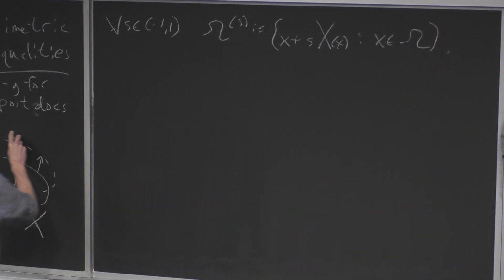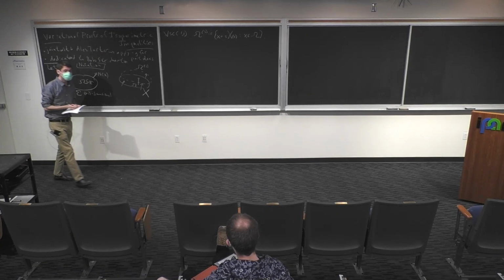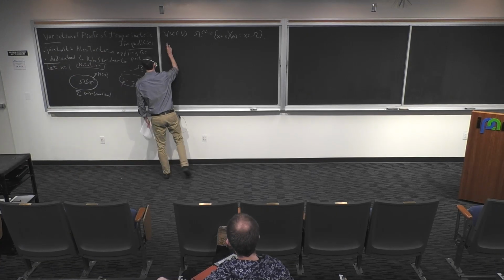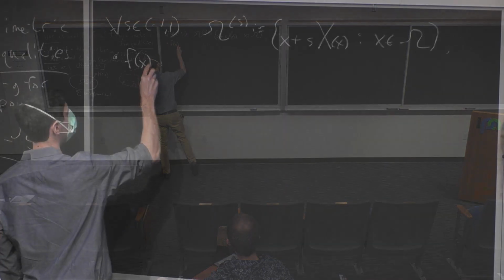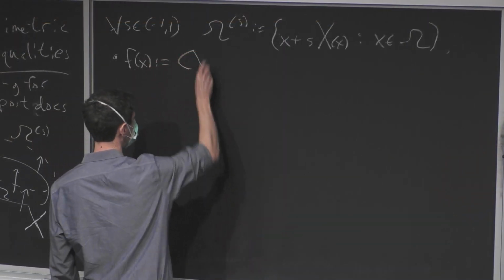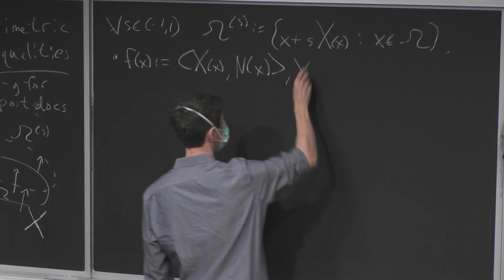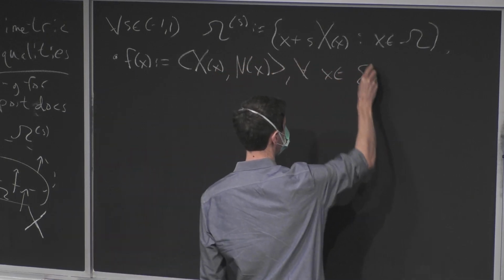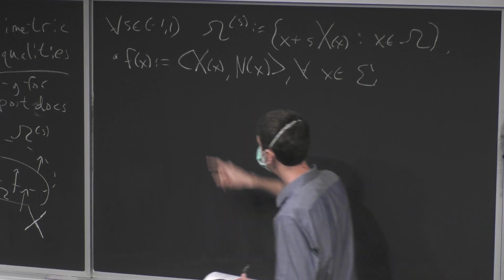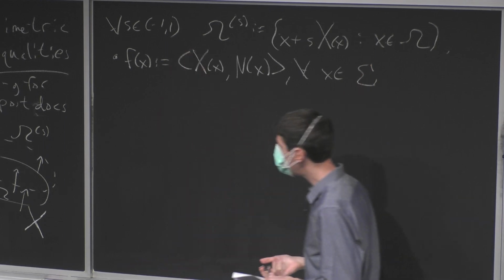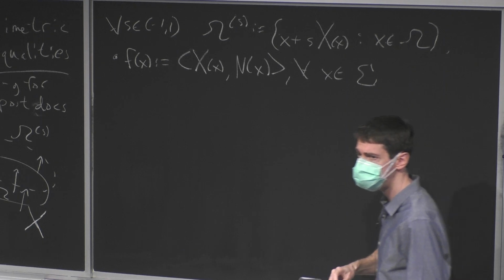Okay, so this dotted region is omega S. Okay, and we want to focus on a normal component of the vector field on the boundary of the region. So I'll denote the normal component as F.